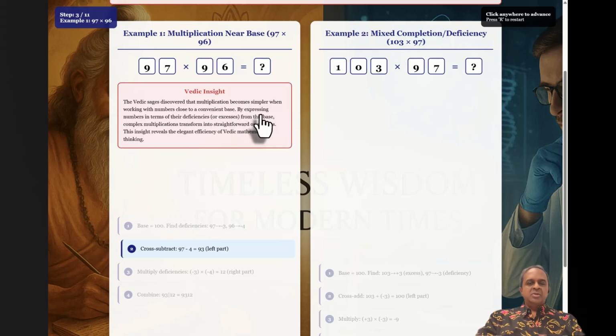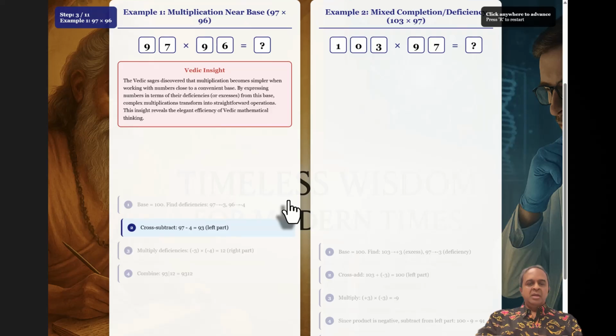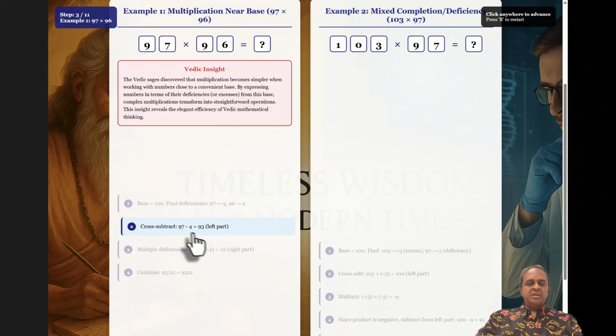By expressing numbers in terms of their deficiencies or excesses, since it could be over 100, which would be excess, complex multiplications transform into straightforward operations. This insight reveals the elegant efficiency of mathematical thinking. So either way, in step two we get 93. This 93 becomes the left side of the answer.